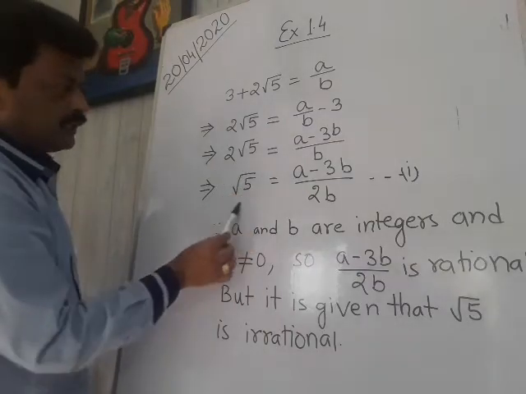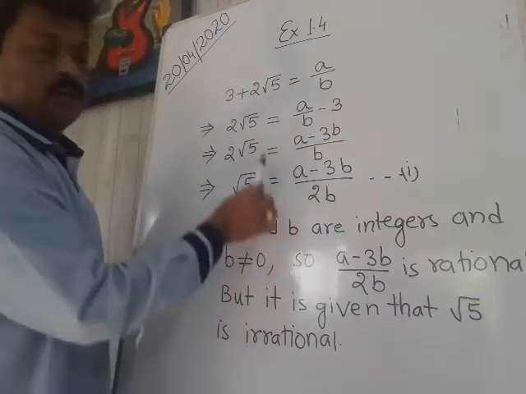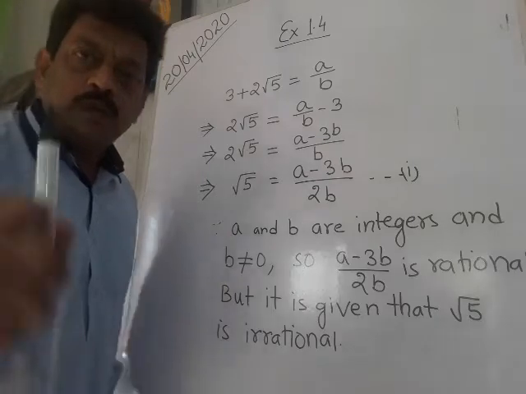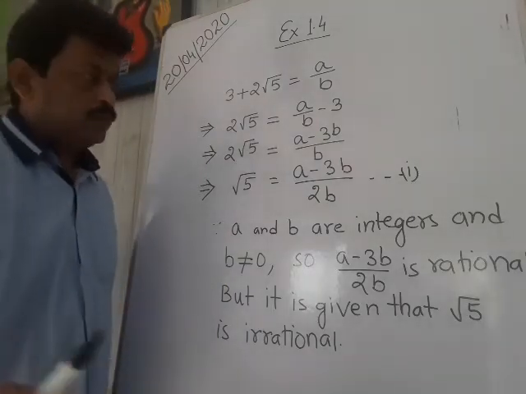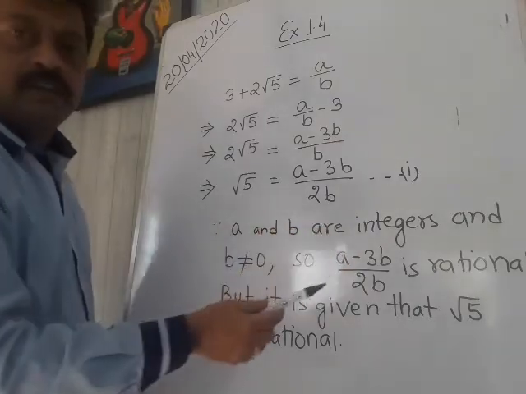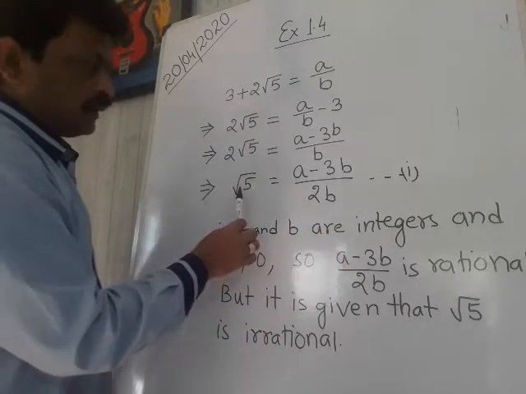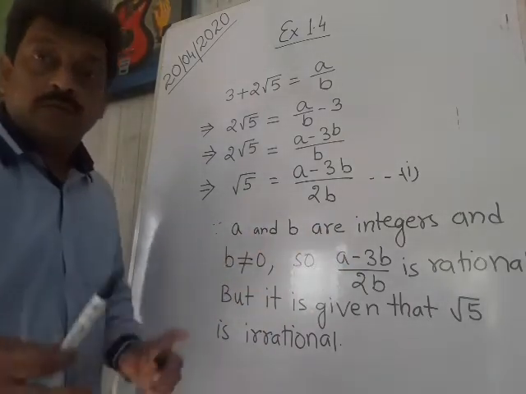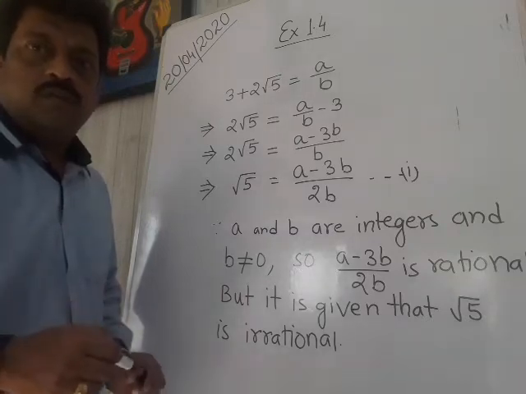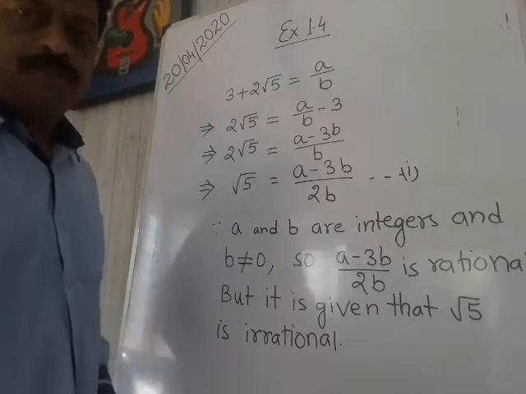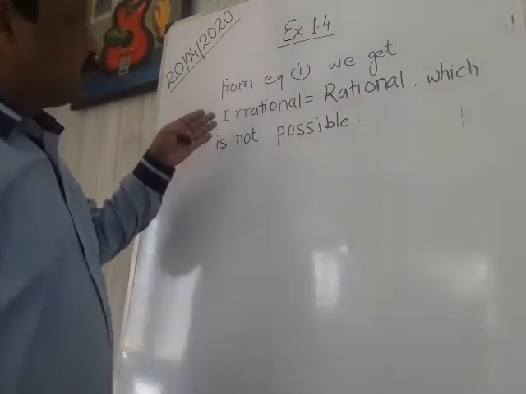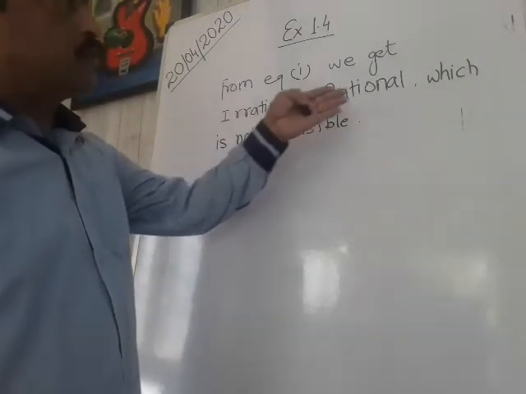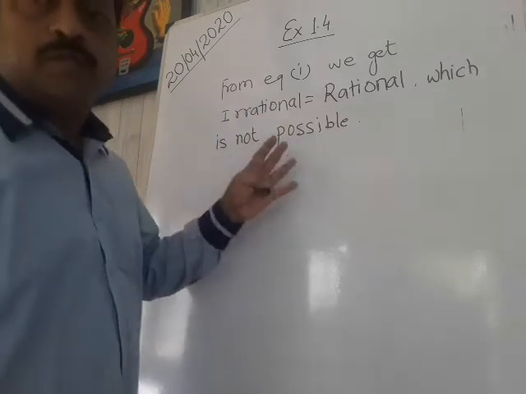We are getting irrational equals to rational, and this is not possible. We all know that rational and irrational can never be equal. So here we are getting a contradiction, that rational and irrational are becoming equal. So this is wrong, this is not possible.